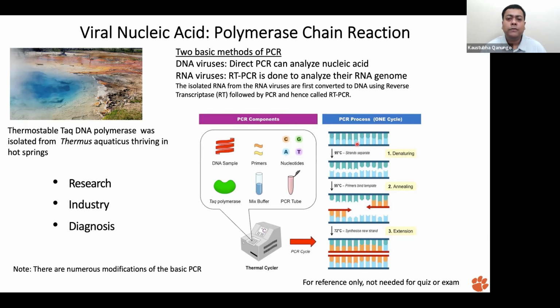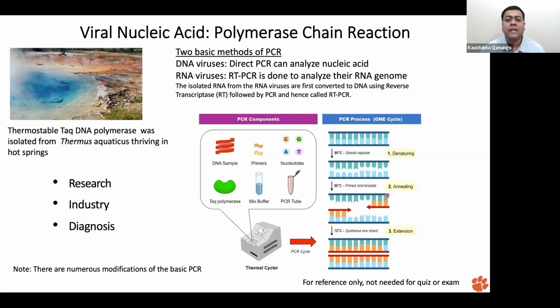For the DNA viruses, suppose, as an example, you have a herpes virus, which is a DNA virus. You have primers designed to match a particular sequence of one of its genes that you already know. Now you isolate the viral nucleic acid, denature it, and then anneal the primers.